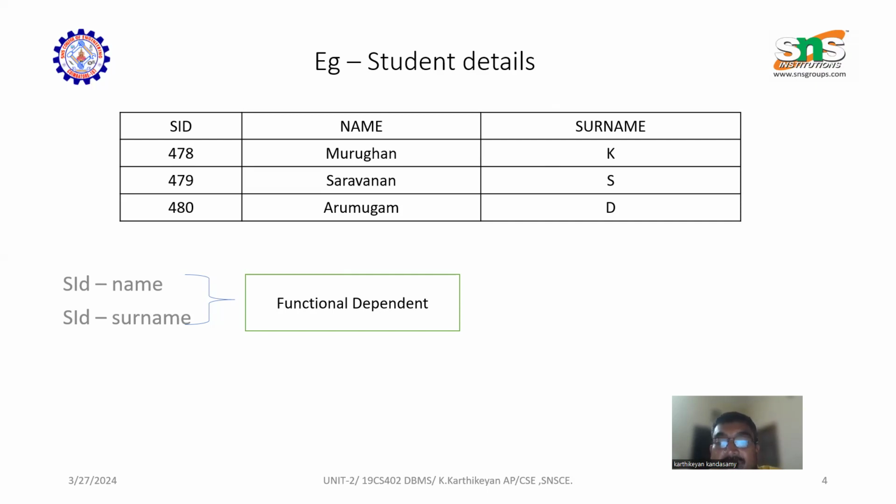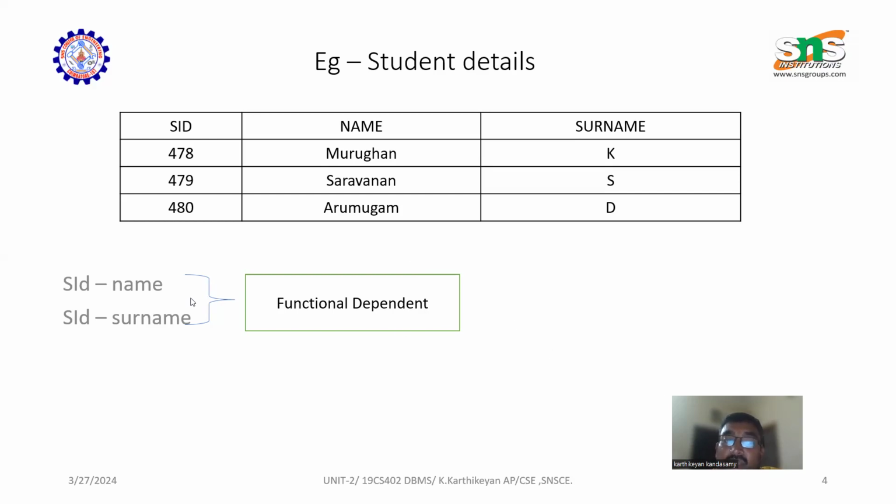If it is no, the answer is right. Name is dependent on surname, but student ID is not dependent on surname. So it means X does not determine Z. We only have dependency between student name and surname in the functional dependency process.